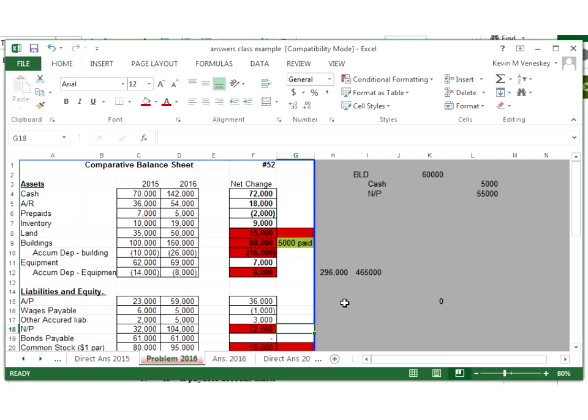So all I have left that I still need to figure out what happened to it was $17,000. 72 minus 55 is $17,000. I'm going to put this one temporarily in orange, meaning I'm not going to go ahead and use it yet, but it is an updated number, something I still need to look into.